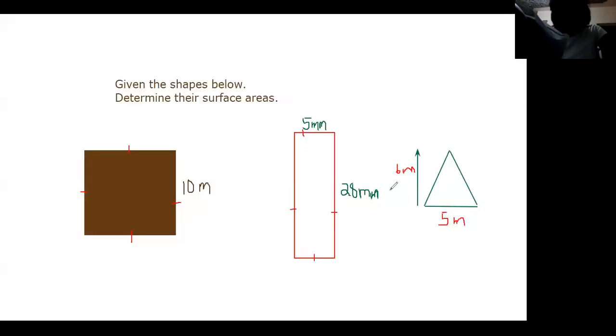I'm going back to the screen. There. So, you see it now? Yes, yes.